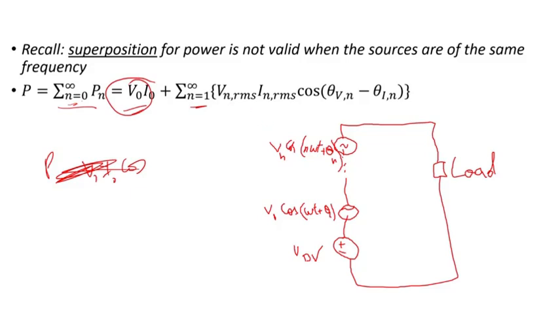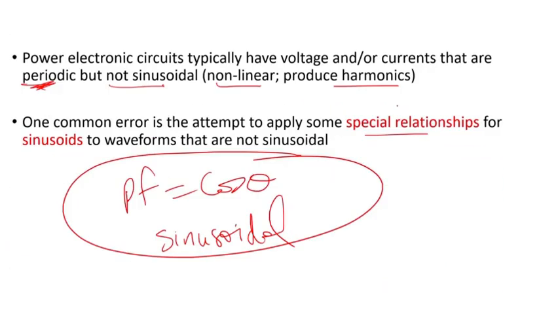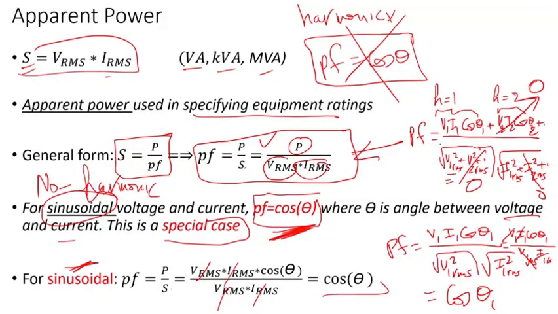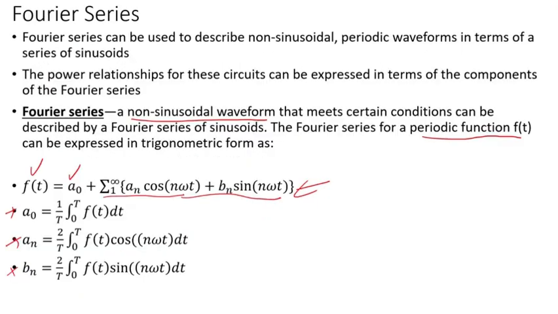Then you sum up, and I went over this in the previous slide: the RMS voltage at term n times the RMS current at term n times the cosine of the difference of the phase angles between voltage and current at that term n. I went through this when I wrote down these terms V and I. That's all I'm summarizing here.